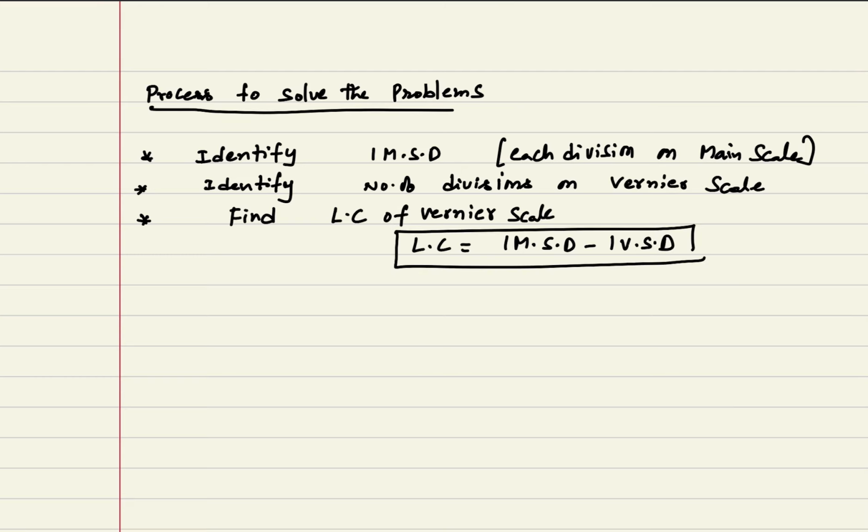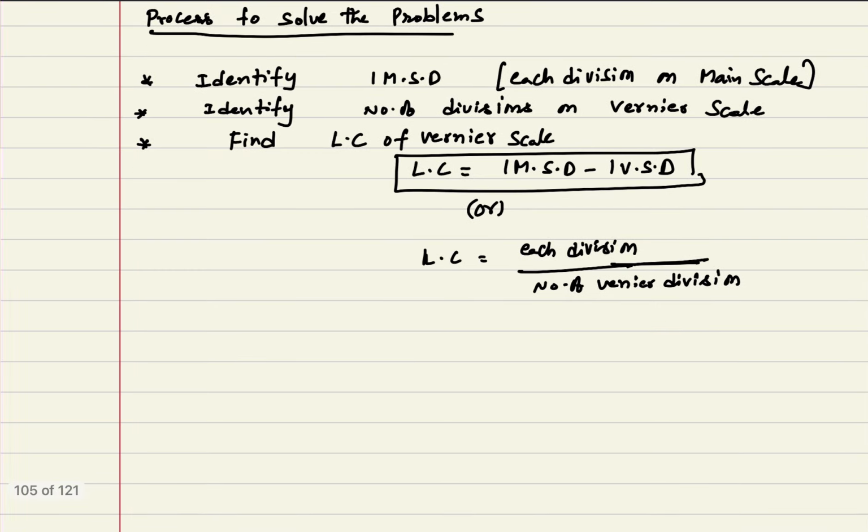Okay, next one, or we can write one more thing also: the value of each division divided by the number of vernier divisions. Each division measurement is actually 1 MSD, we can write that. Okay, 1 MSD.